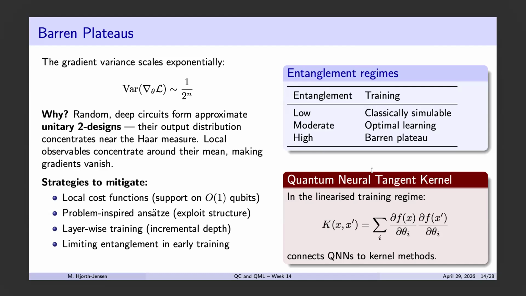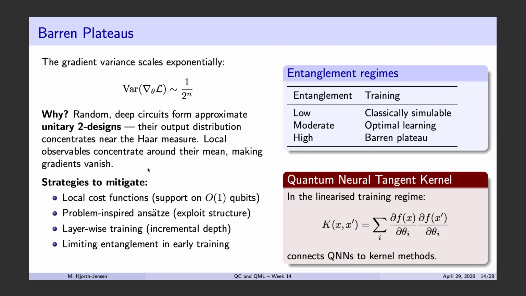One of the problems is that the gradient variance normally scales exponentially with the number of qubits. For random deep circuits from approximate unitary designs, the output distribution concentrates near what's called the Haar measure, and local observables concentrate around their mean, making gradients vanish.